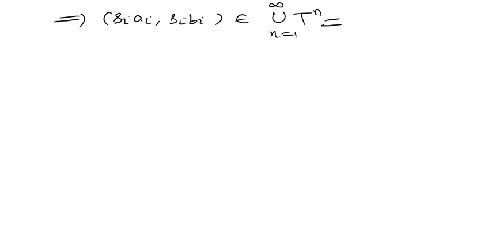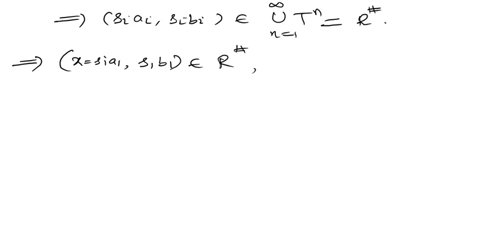But that union is actually R sharp. So each pair (s_1 a_1, s_1 b_1) is also in R sharp, then (s_2 a_2, s_2 b_2) is also in R sharp. Now you can apply the transitive property. So that means that x is s_1 a_1, and (s_1 a_1, s_1 b_1) is also in R sharp.